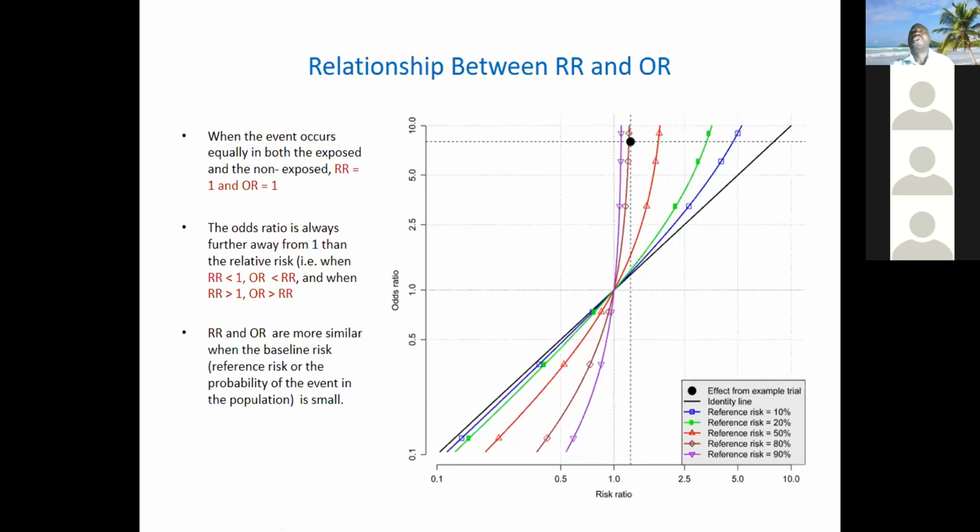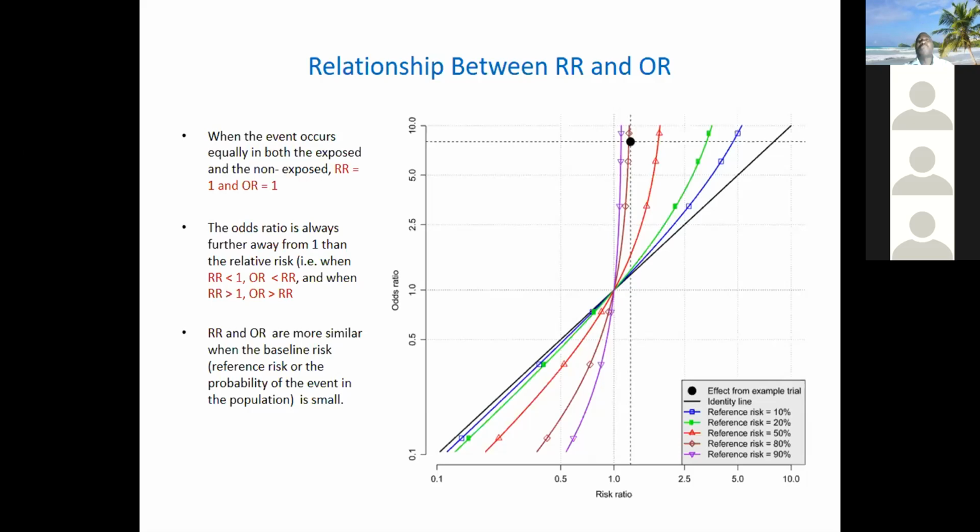If both of them are greater than 1, the odds ratio will be greater than relative risk. When both of them are less than 1, that is, when both of them are 0 point something, for a particular data set, the odds ratio will be less than relative risk. It's just like what happened between risk and odds.